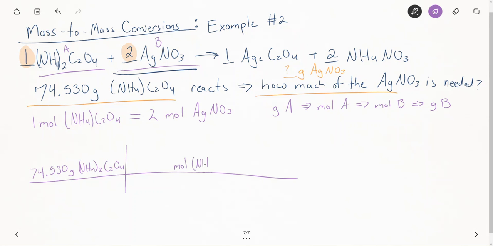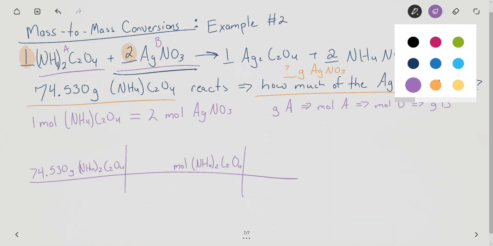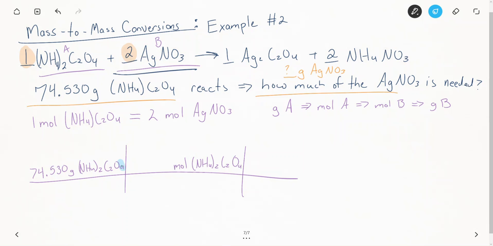Moles of the ammonium oxalate. And down here, we get to copy our unit from above, because that's always the case. So I'm going to copy this unit, grams of ammonium oxalate. That gets copied right here.